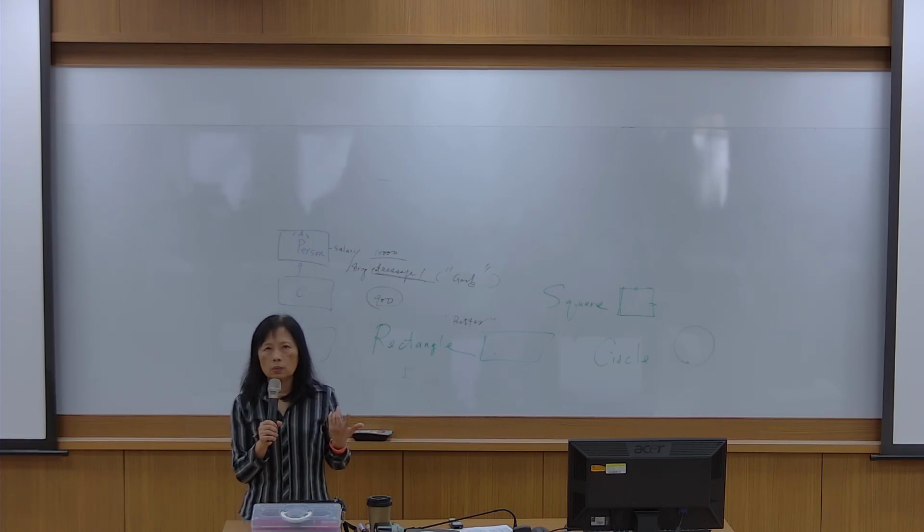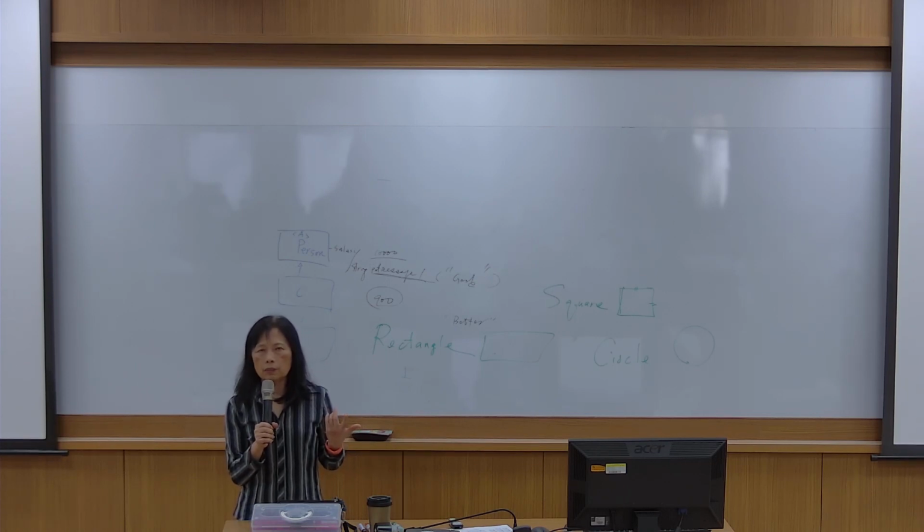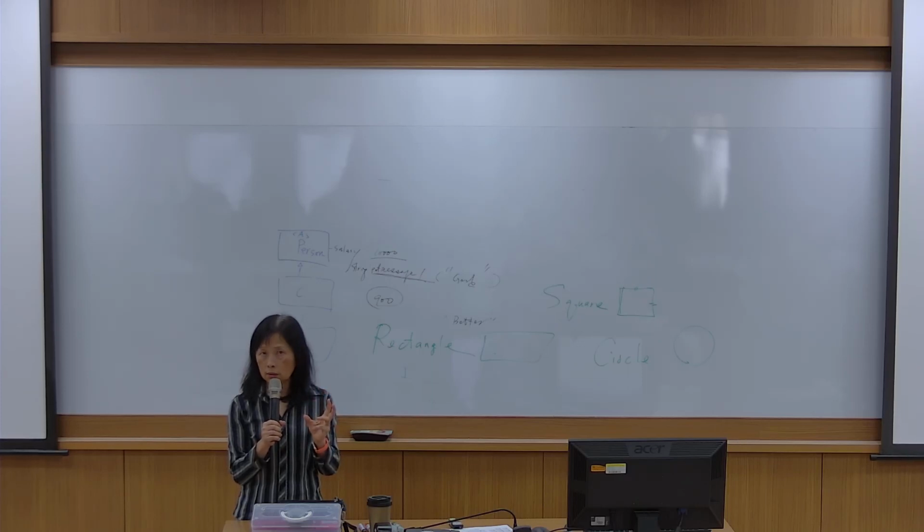So the diagram 0, if we have 5 processes, it means that we have at least 5 functions. So we are going to have 5 use cases.